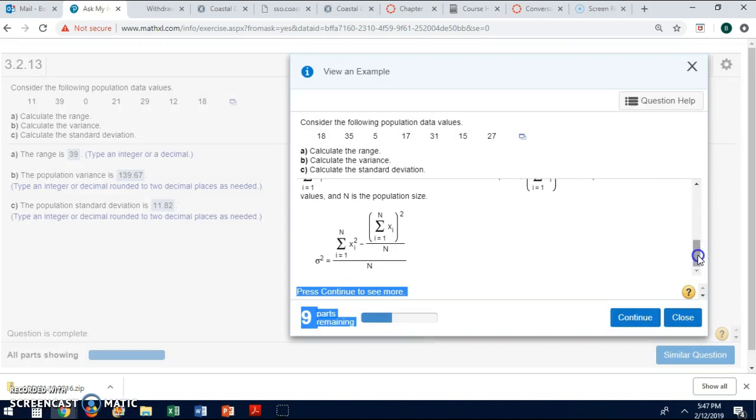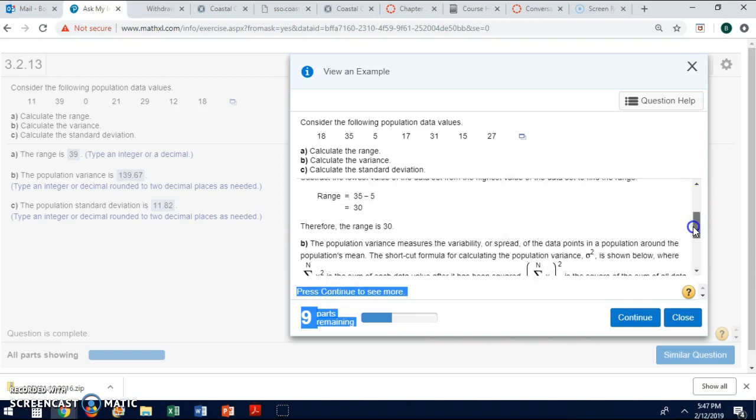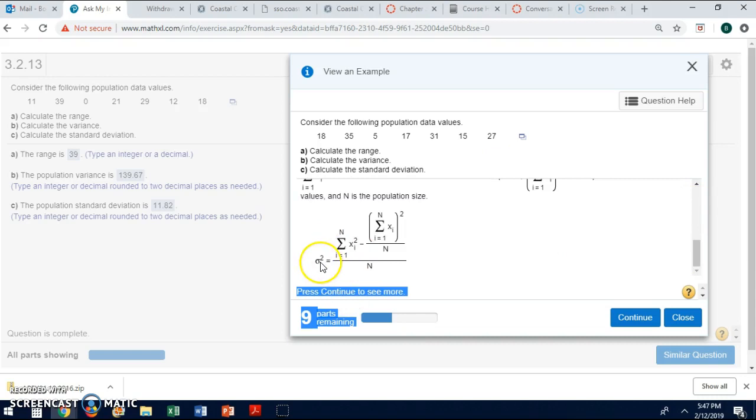So here's the formula. Let me scroll up. Notice that the variance, this symbol stands for the variance, equals the sum of x squared i. The i just means each value, so this could be x1, x2, x3, x4, x5, x6, x7.